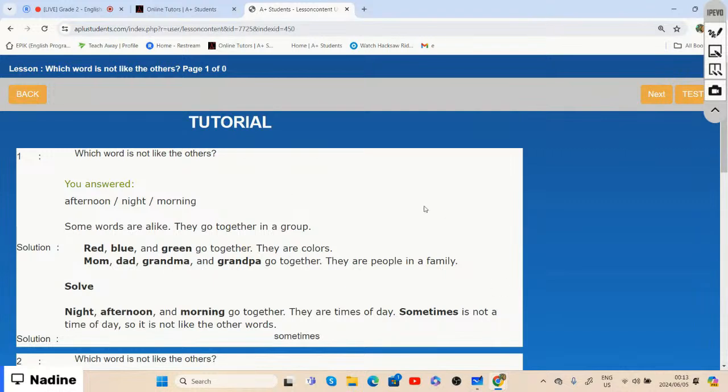Yes. All right. So now we see that some of the words are alike, and words that are alike, they go together in a group. And literally the words that you made mention of, yes, even pen, pencils, those are all related words. It is words that go together, right? Because both a pen and a pencil are used for writing, right?